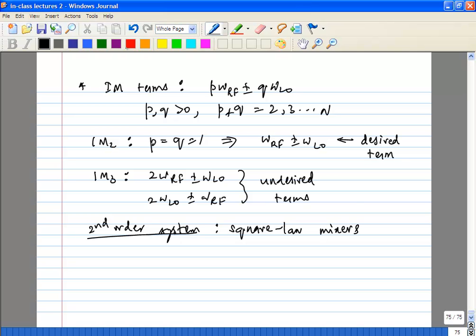So what we are going to assume is Vout is C1 Vn plus C2 Vn squared, and we are going to assume Vn is Vrf cos omega RF t plus VLO cos omega LO t.